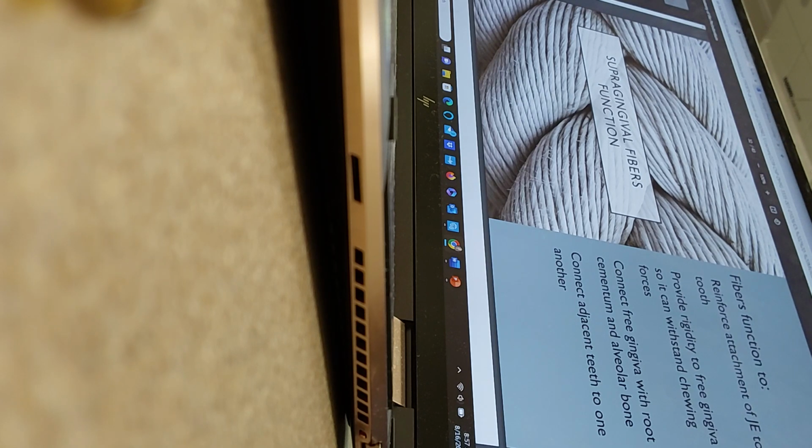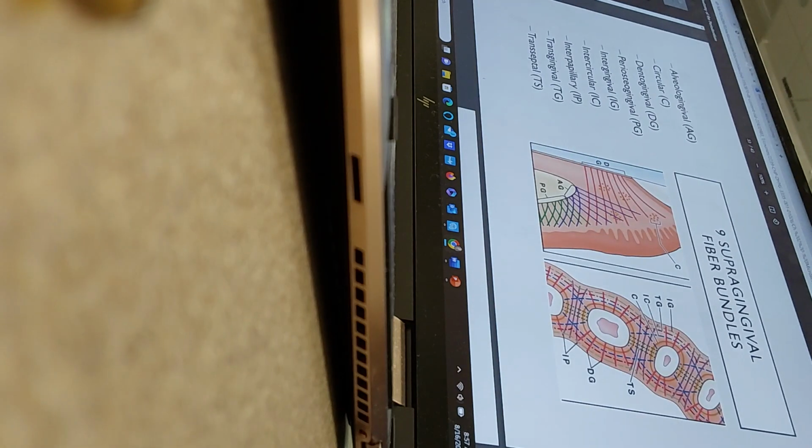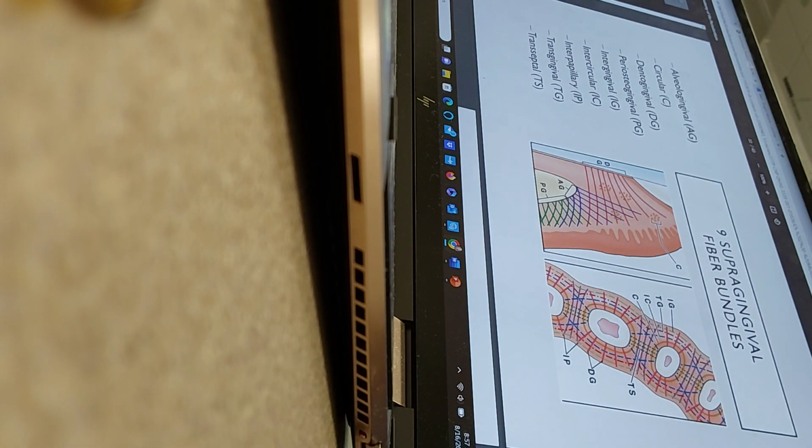Dentogingival are these little pink ones that are going from the tooth, dento, to the gingiva. Periosteogingival, that's these here. They're a little lower on the alveolar bone, going to the gingiva. Intergingival, that's this little green line, kind of on the outer layer of the gingiva.